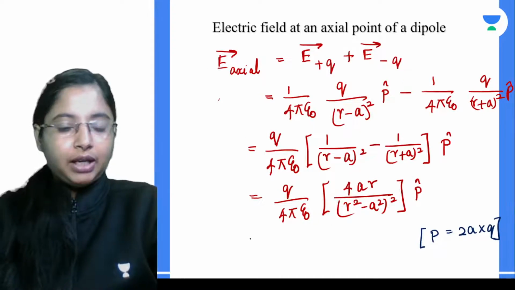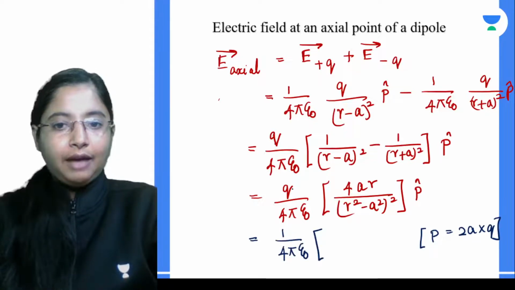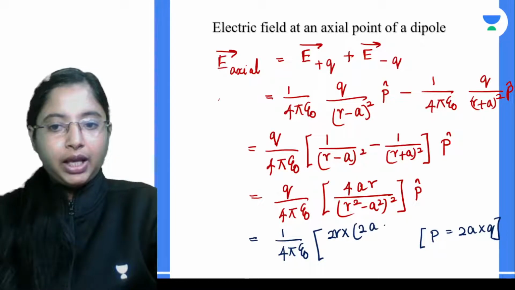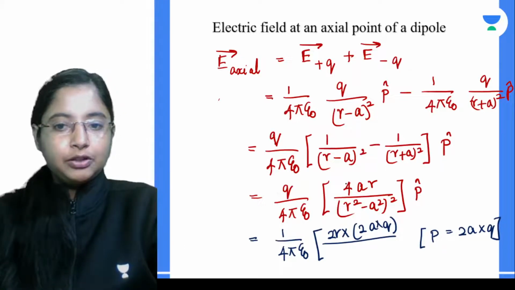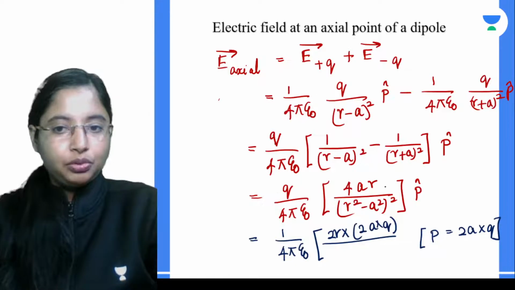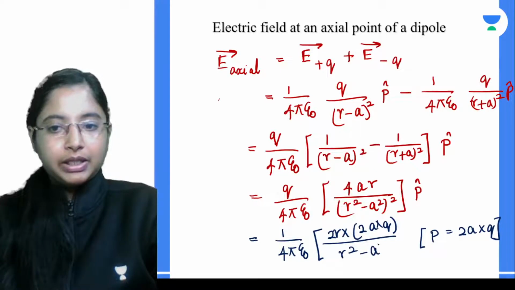So let's see if we can make that term over here. So here we have 1 by 4 pi epsilon naught, then if you see we have this term, let's make it as 2 into R as one term, and then we'll have 2A into Q, divided by, splitting 4 as 2 times 2, and then we have R, so 2R into 2A, the remaining terms, into Q, divided by R square minus A square the whole square into P cap.